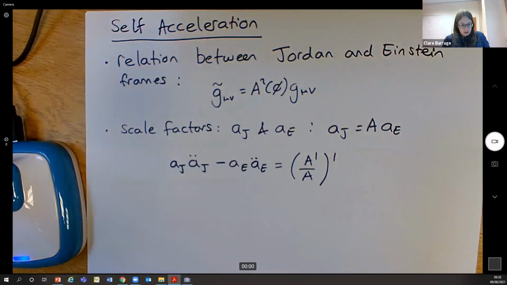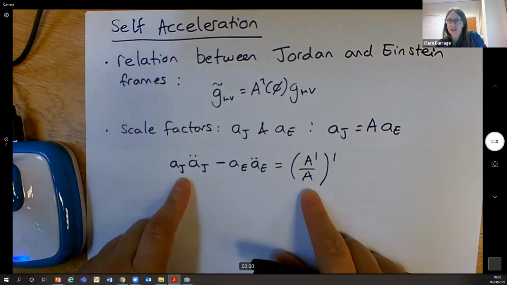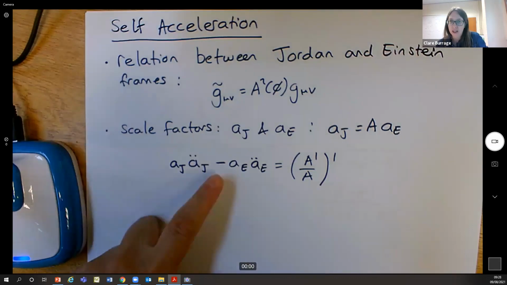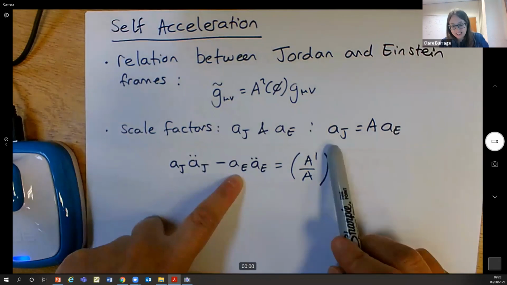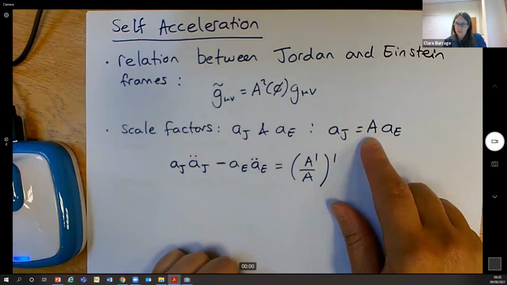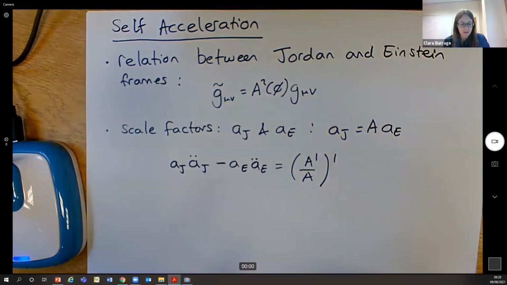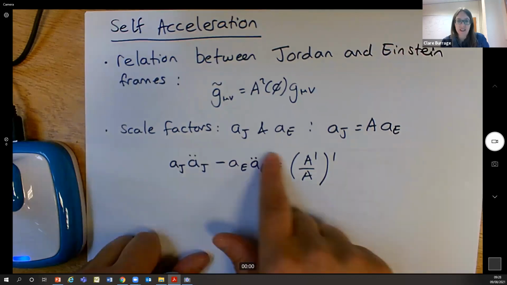So this equation has come from thinking about the Friedmann equations in our two frames. If our scale factors are related in this way, depending on our scalar fields, we can compute the Friedmann equations in both frames. We find that the scale factors are related in this way.